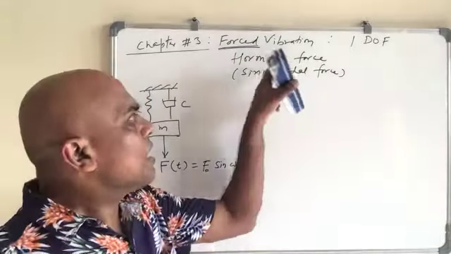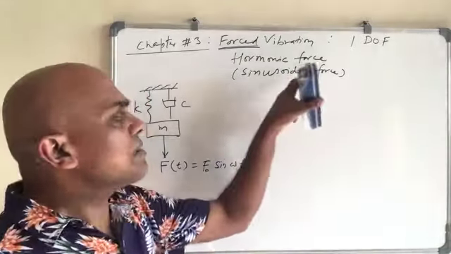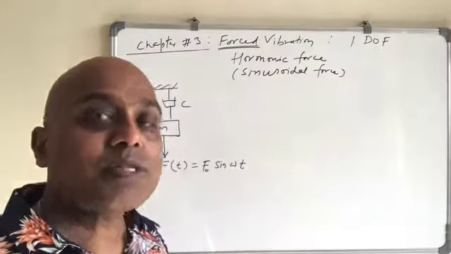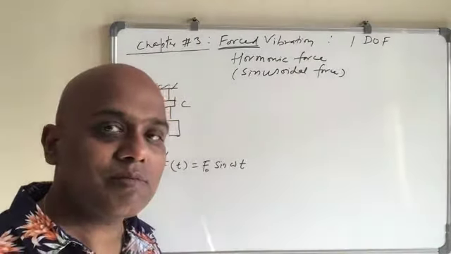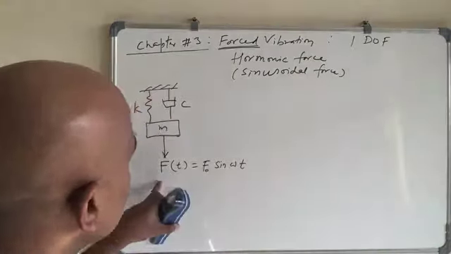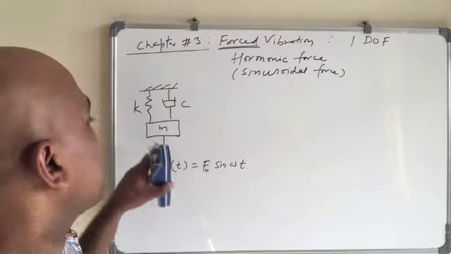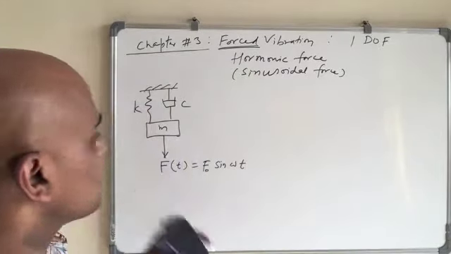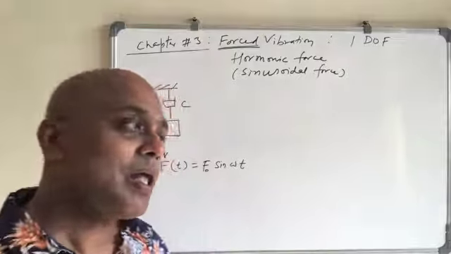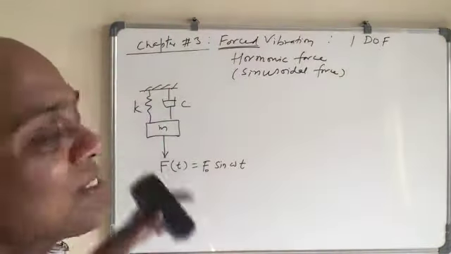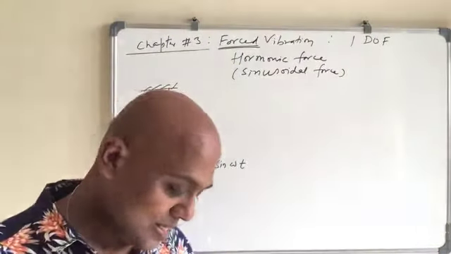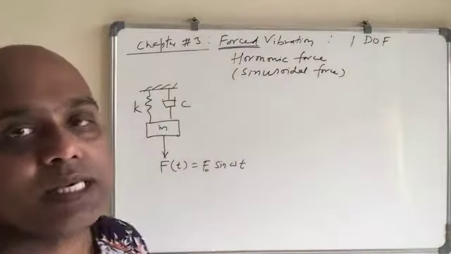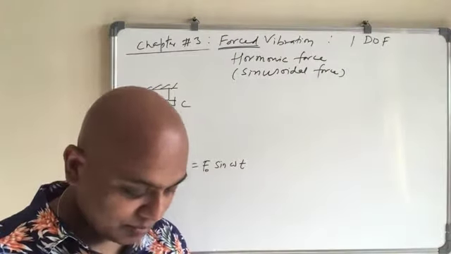Some harmonic force means a sinusoidal force, which could be a cosine force or a sine force. If you apply F(t) equals F naught sine omega t over the system, how will this system behave? That's what the new chapter 3 is all about.